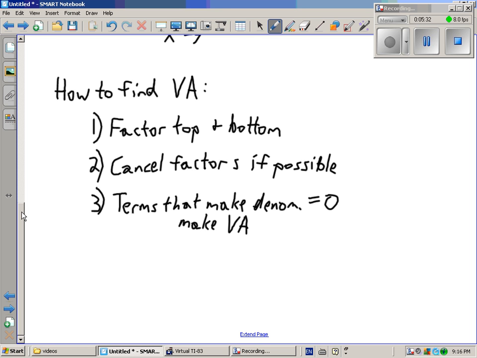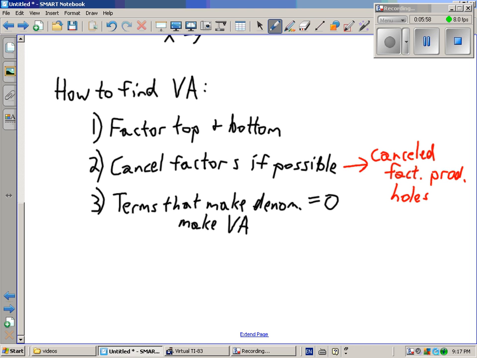Now, when we cancel these factors here, those factors, if we cancel them out, they are going to produce a feature of the graph, but it's not a vertical asymptote. What those canceled factors produce, they produce holes, okay?